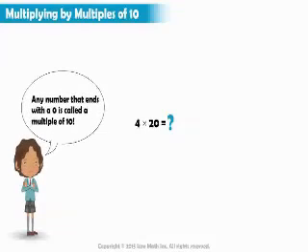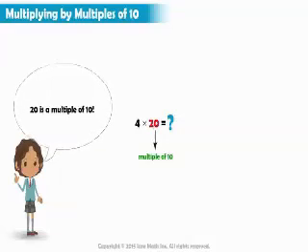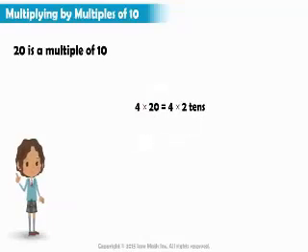Any number that ends with a 0 is called a multiple of 10. So 20 is a multiple of 10. It ends with a 0, and we can think of it as 2 tens or 2 times 10. We can think of our problem as multiplying 4 by 2 tens.